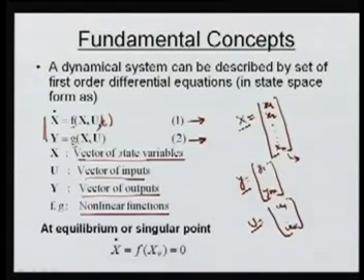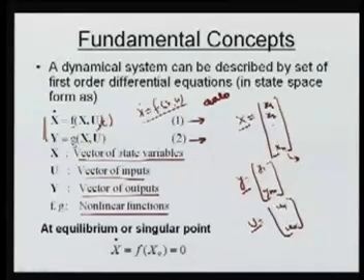But if it is independent of time, means time is not taken into account, then x dot equals f(x, u) is called an autonomous system. Means if the derivatives of the state variables are not an explicit function of time, then the system is said to be autonomous.